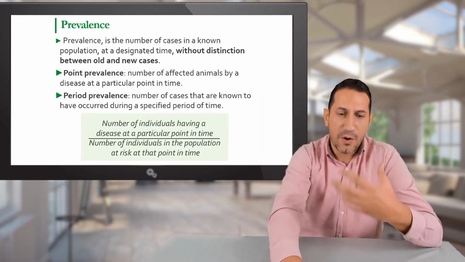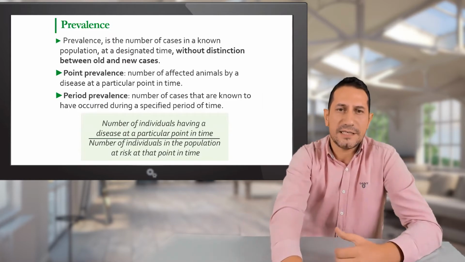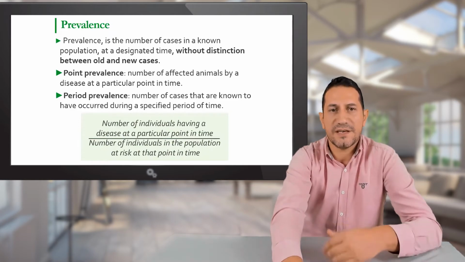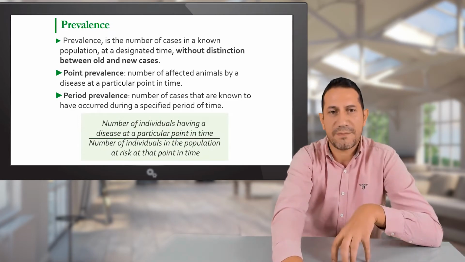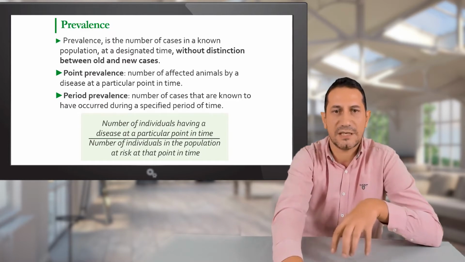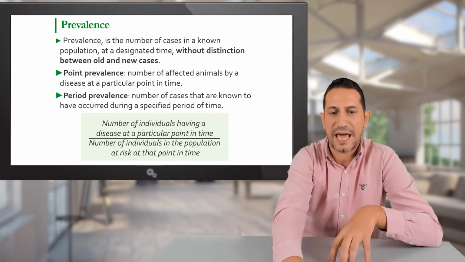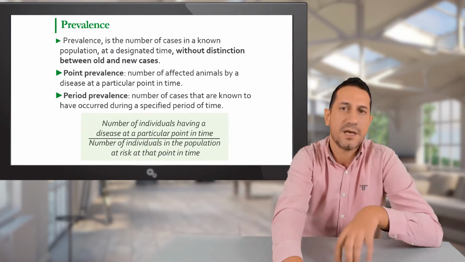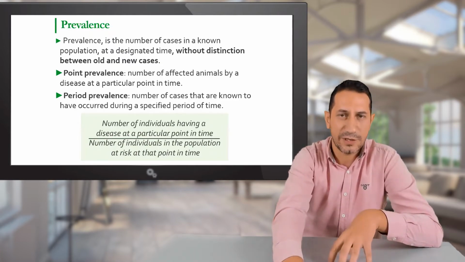The formula to calculate this is the number of individuals having a disease at a point in time over the number of animals in the population at risk at the same point in time. So that's how it's calculated.